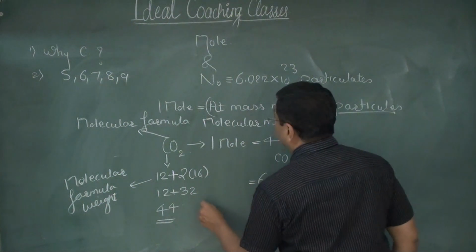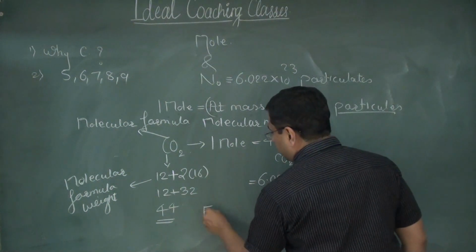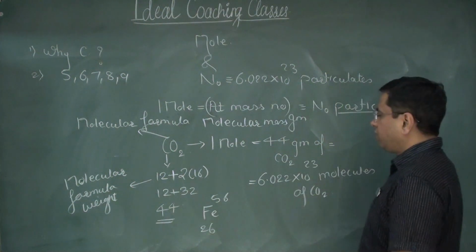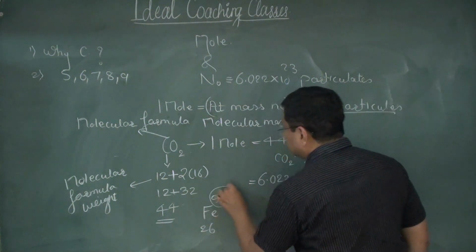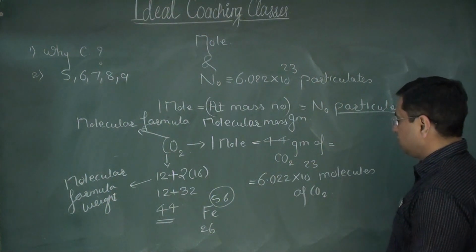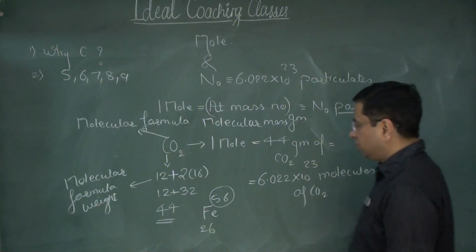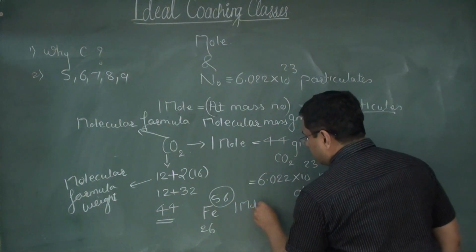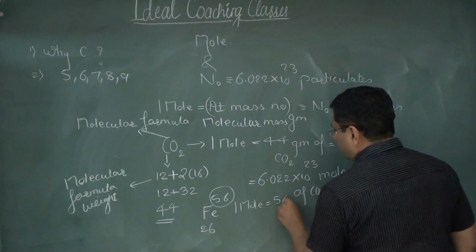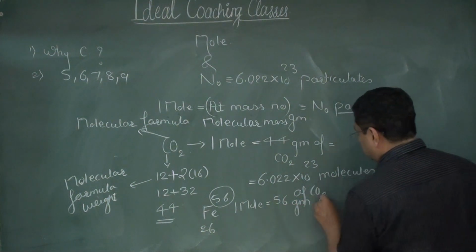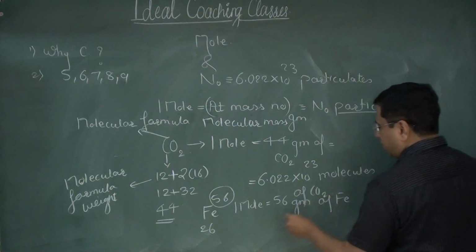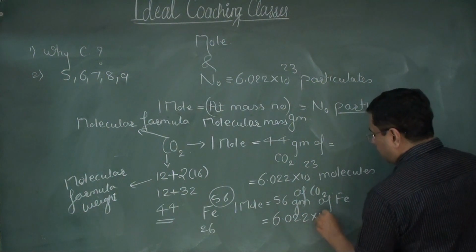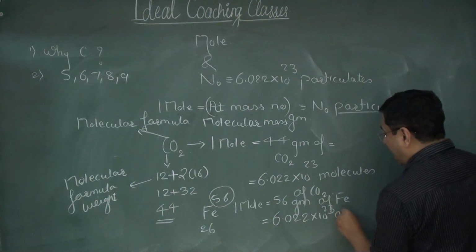Iron, 56, atomic number 26. This is the atomic mass number. And how will I say it? I'll say 1 mole of iron corresponds to 56 grams of iron and contains 6.022 into 10 raised to 23 atoms.